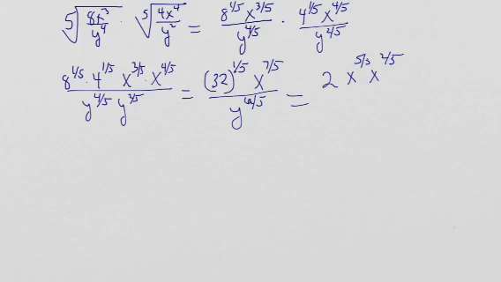If we use our exponent rules and add these together, we get 7/5. So I'm just undoing that. Likewise, y to the 6/5 can be written as y to the 5/5 times y to the 1/5. Well, y to the 5/5 is just y, so that's cool.